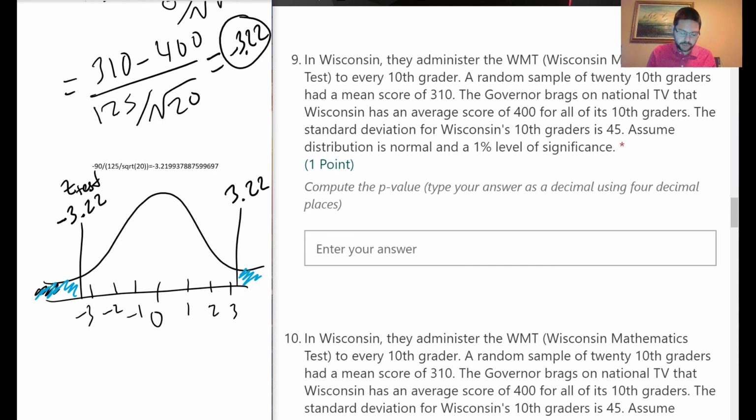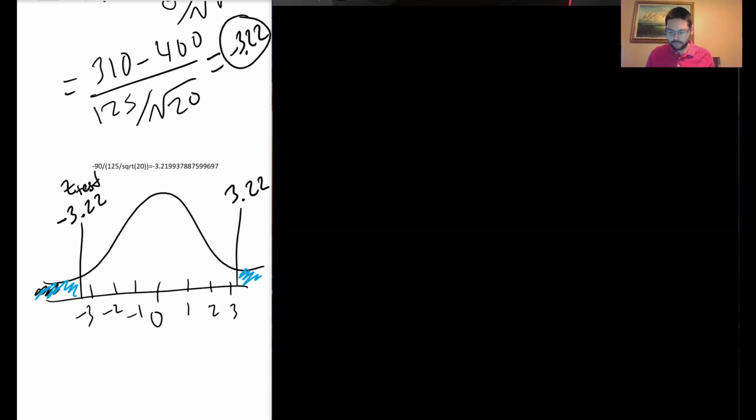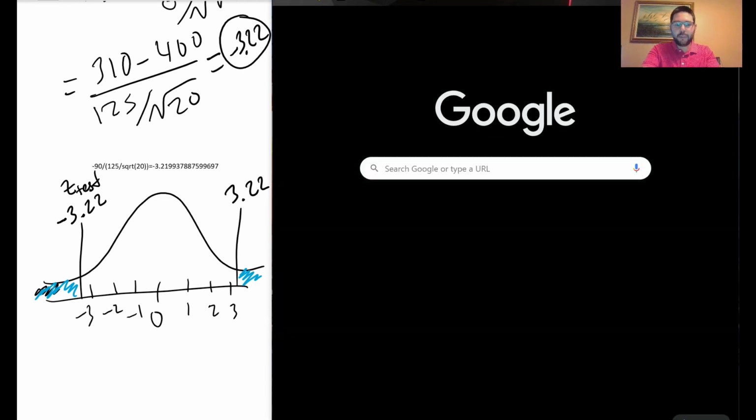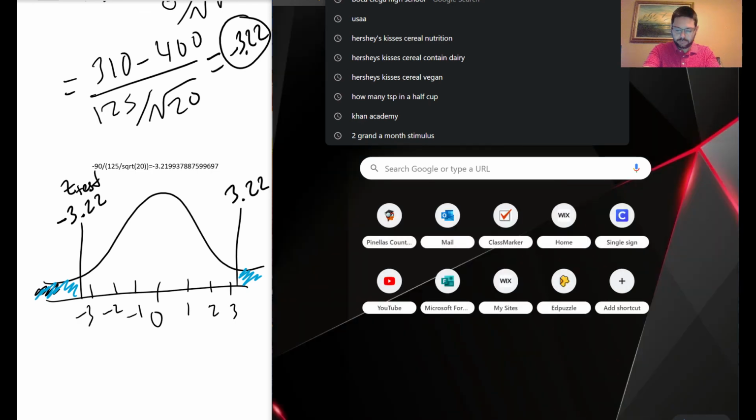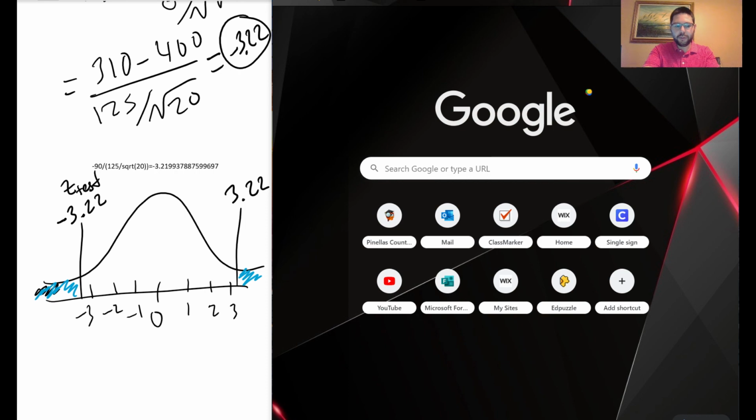So our z-test is negative 3.22, and that is negative, so I'm just going to look up that value on the z-table. Now, just to show you, you can go on the web and literally just type in z-table or normal distribution table, either one.